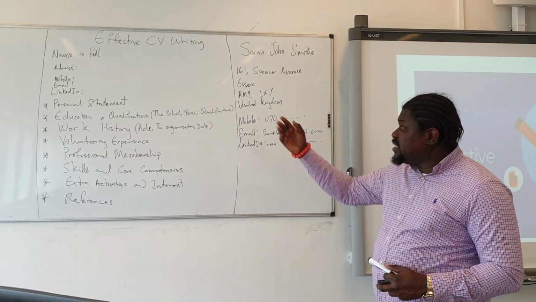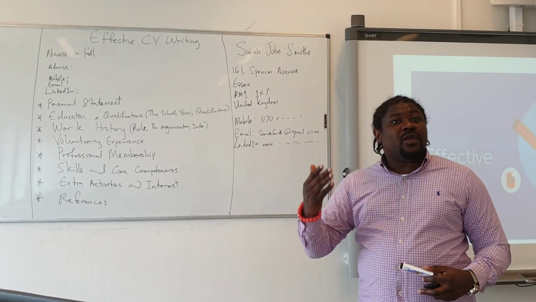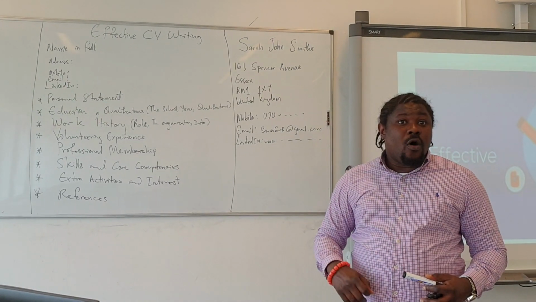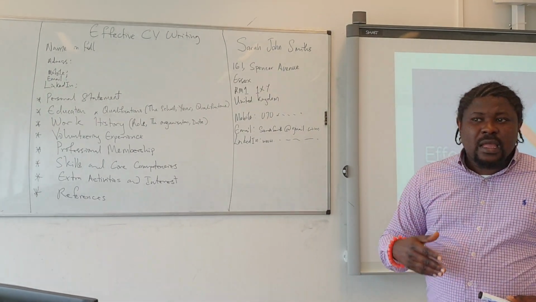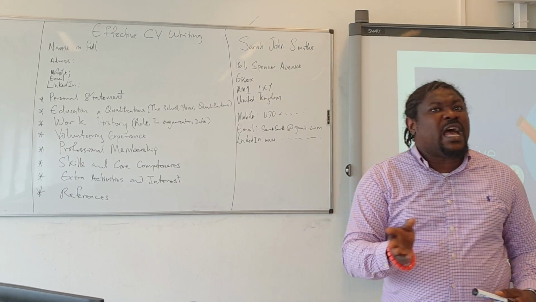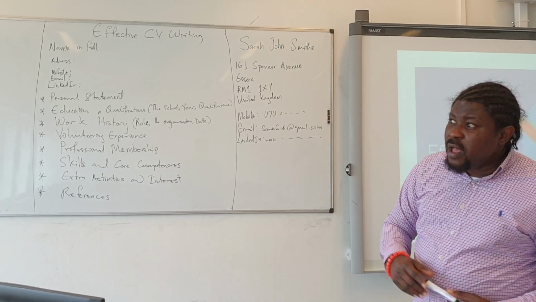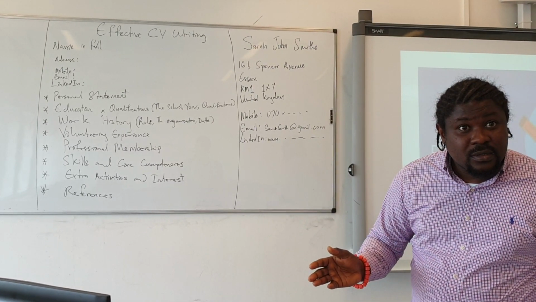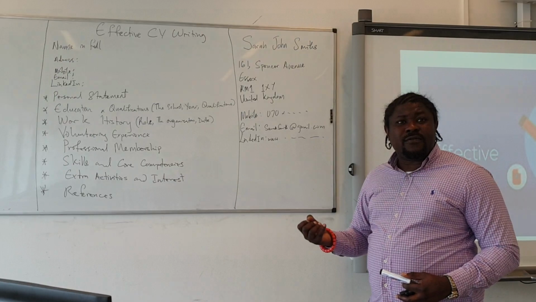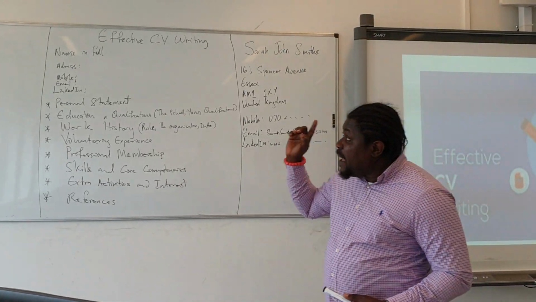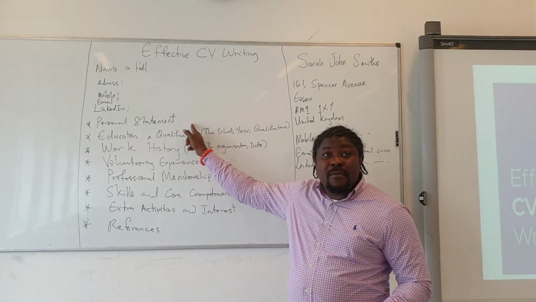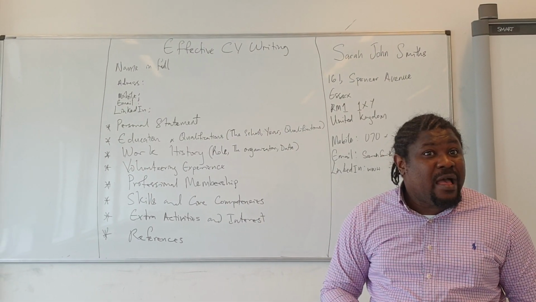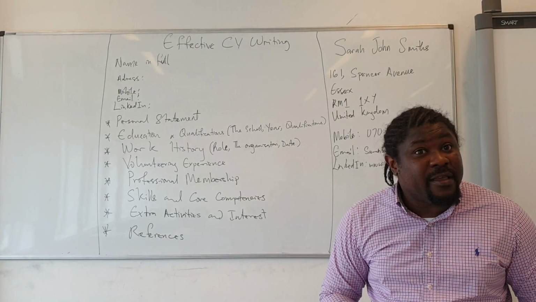For example, you could start by saying a master's degree holder in nursing, or a bachelor's degree holder in management and business administration, or a higher national diploma holder in logistics. And then you have to describe yourself. I'm talking about a personal statement. It's very important to talk about your passion and how enthusiastic you are in your professional life.